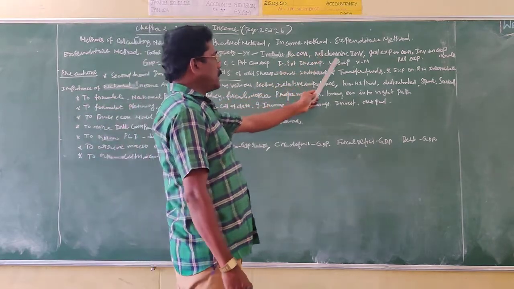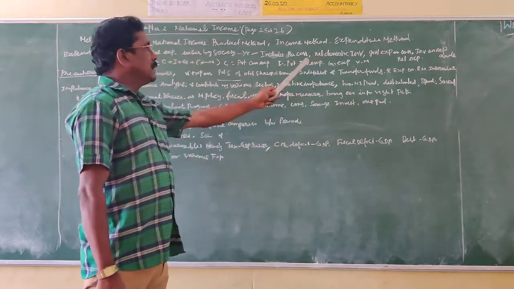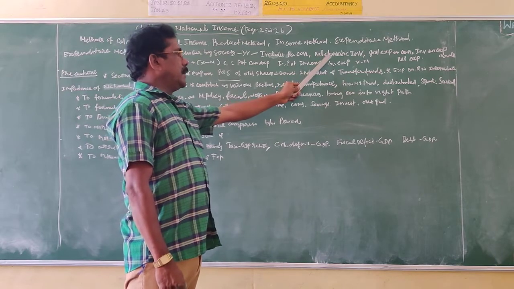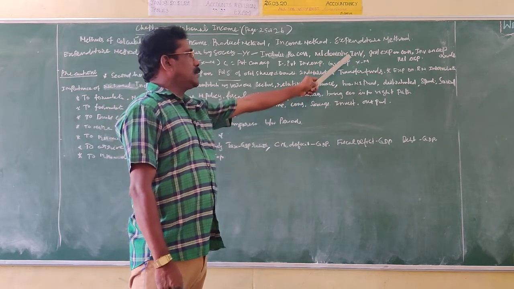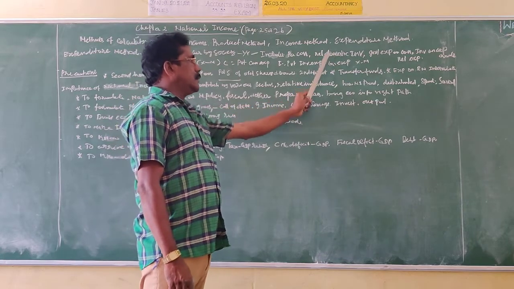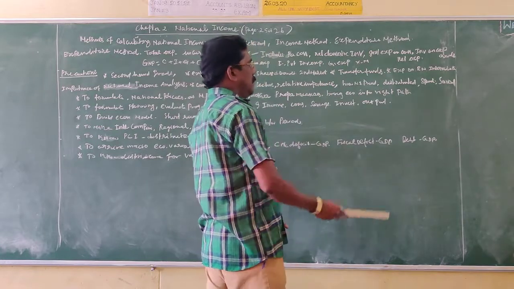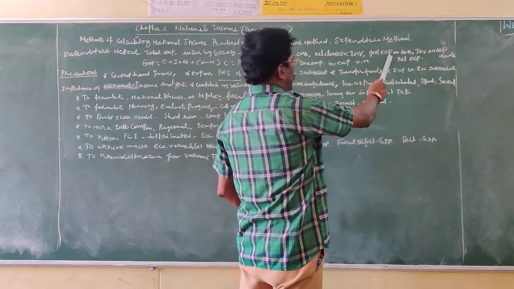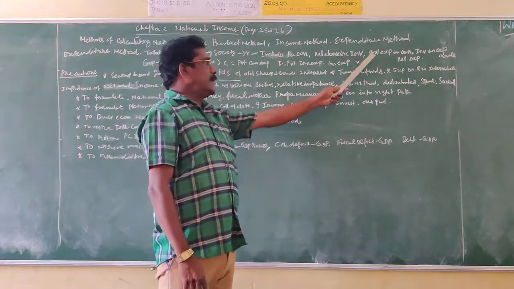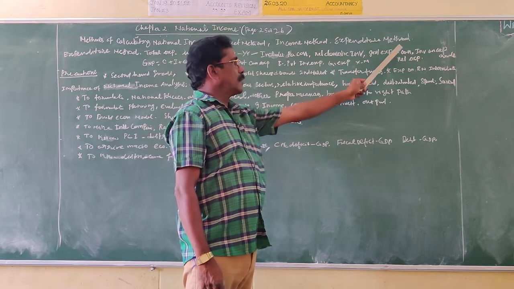Then net domestic investment. How much the people invested within the country itself. That is net domestic investment, investment made by the people within the country. Then the expenditure made by the government on consumption, that means goods purchased or produced by the government for consumption.